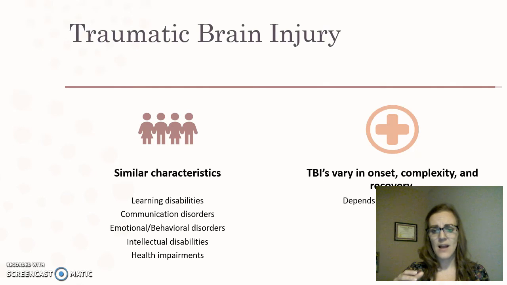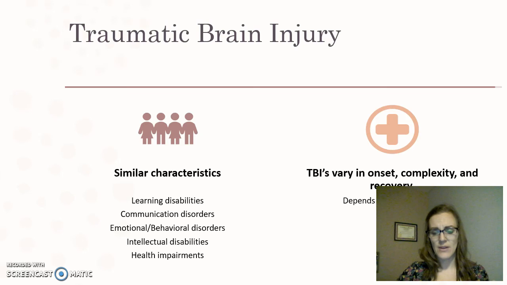These traumatic brain injuries are going to be different based even on the person, from when the injury happened, how bad it was, and how the recovery happened. They depend on what part of the brain was affected and what kind of injury it was.